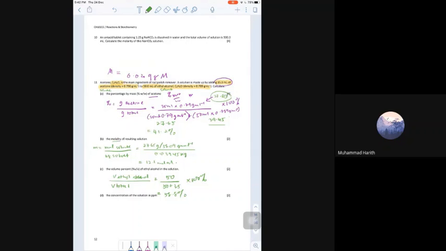Then the concentration in ppm. The concentration in ppm is the mass of the solute in grams over the mass of the solution, multiplied by 10 exponent 6.